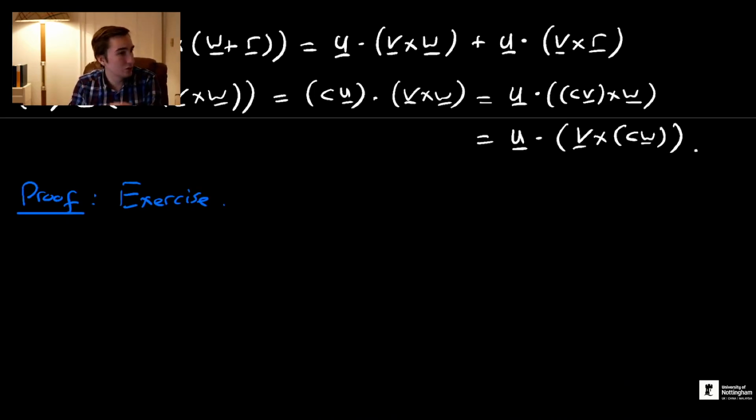And then that leads us to the next idea that's going to be useful, which is known as the vector triple product. Why is this going to be useful? Well, the vector triple product is more for a calculational point. I don't think of it geometrically.